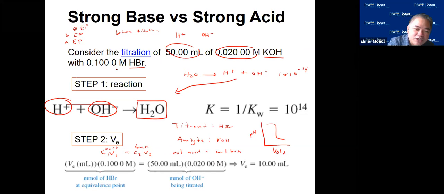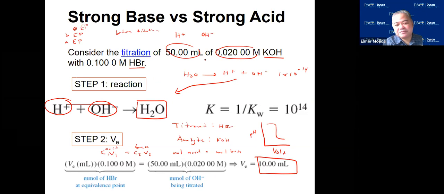So you have 0.1 molar HBr, whose volume at the equivalence point you don't know, equals 50 ml of 0.02 molar KOH. By doing the calculation, you get 10 ml of your HBr at equivalence point. So 10 ml of 0.1 molar has the same number of moles as 50 ml of 0.02 molar KOH. Okay.